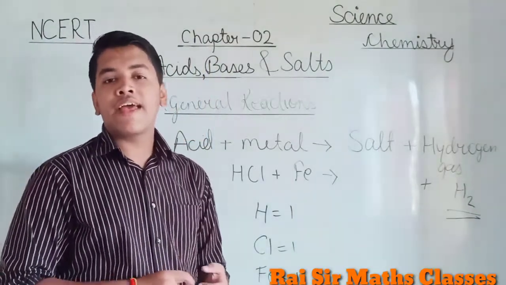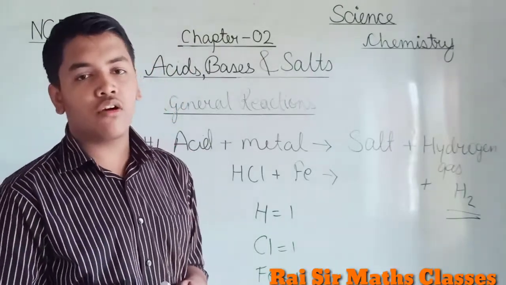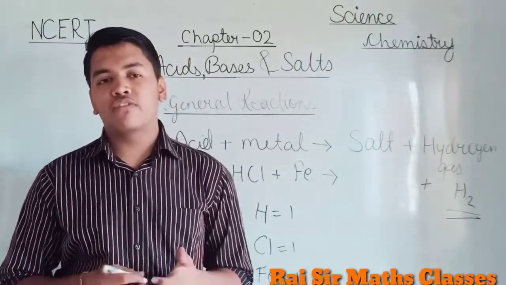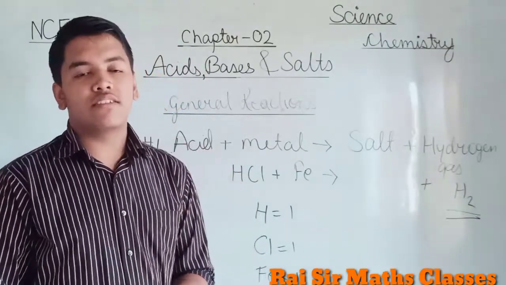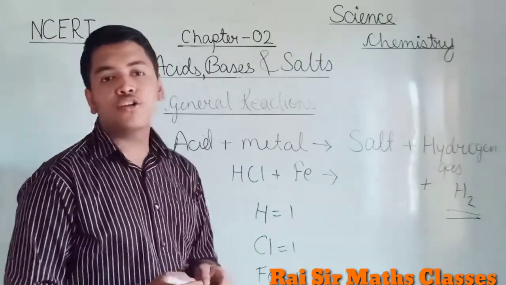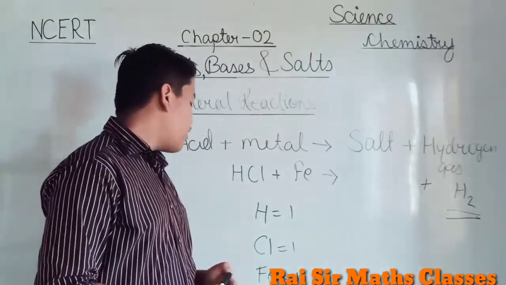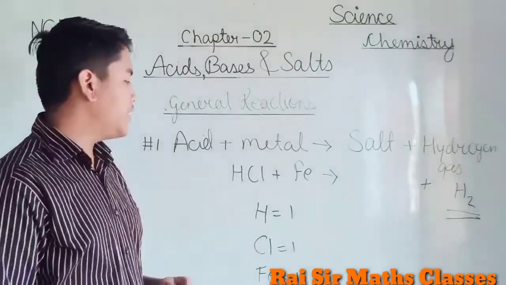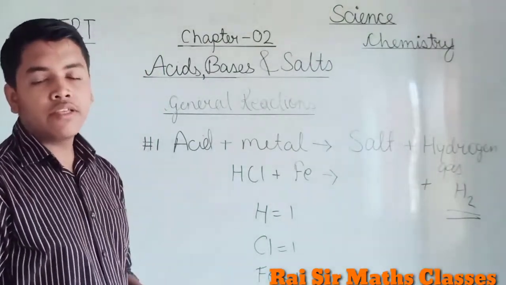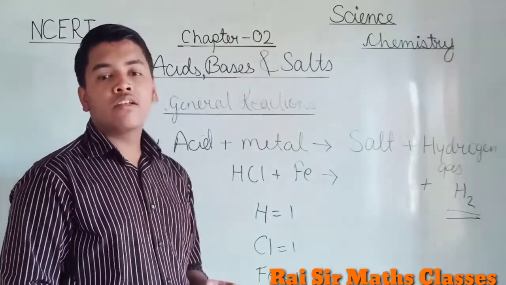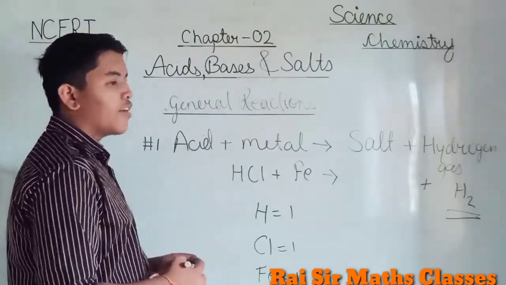As you all know, or for those who do not, there are 2 laws of chemical combination: the law of conservation of mass and the law of constant proportion. The law of conservation of mass states that mass can neither be created nor destroyed in a chemical reaction. So in a balanced chemical equation, we have an equal number of atoms of each type. The law of constant proportion states that the elements in a compound combine in a constant ratio.